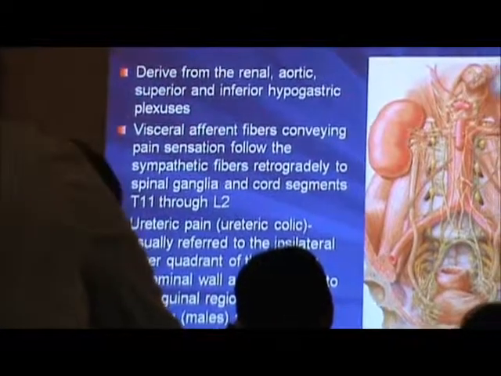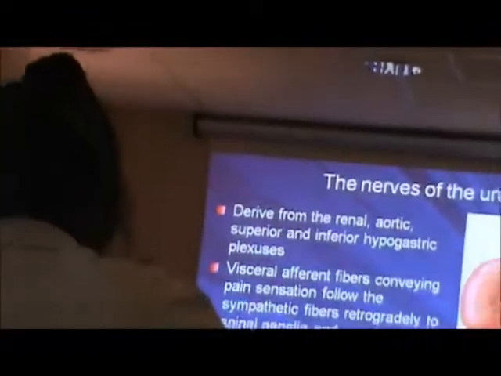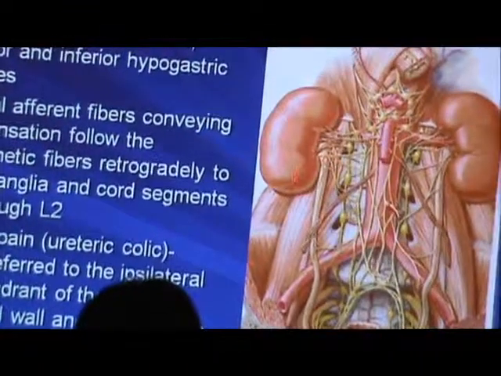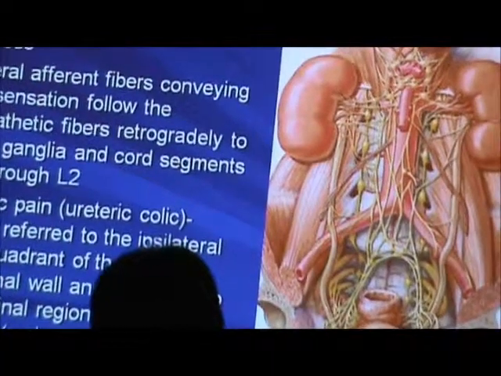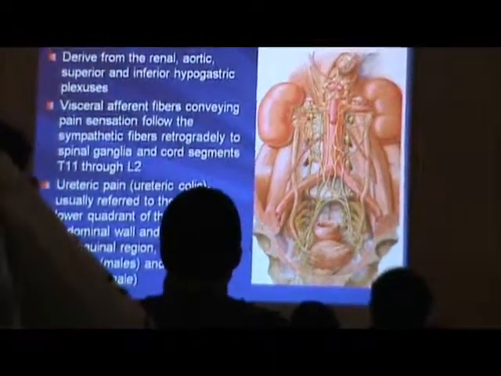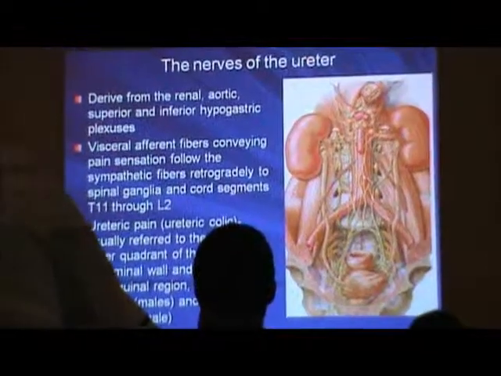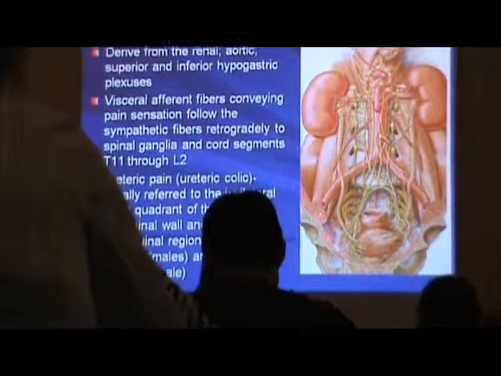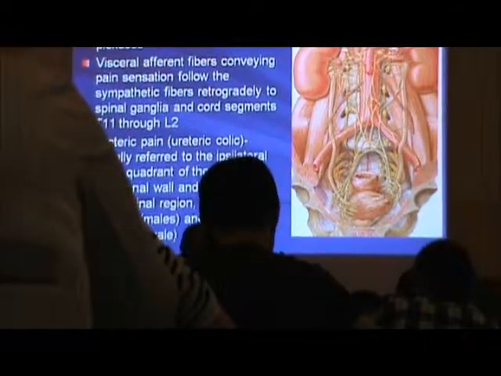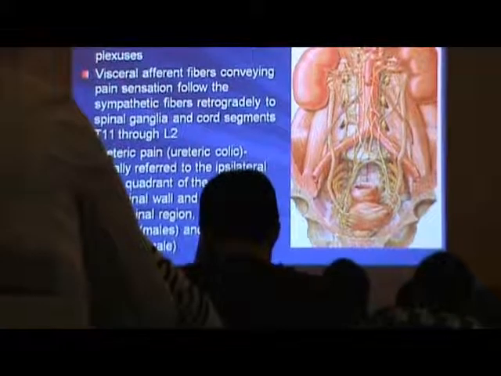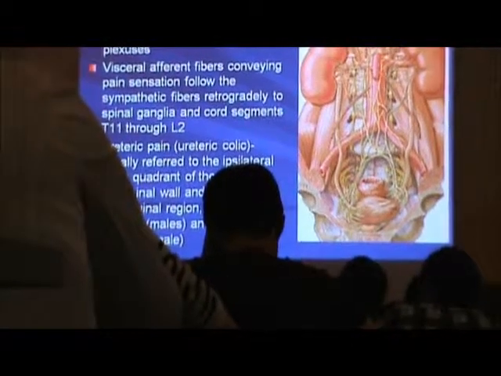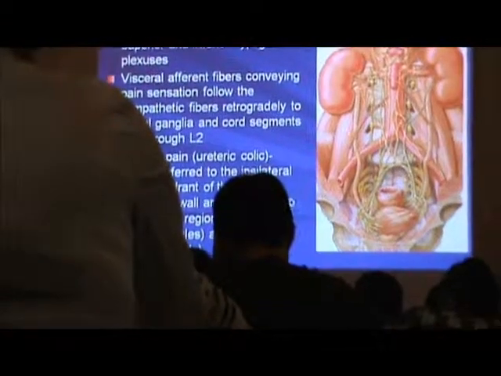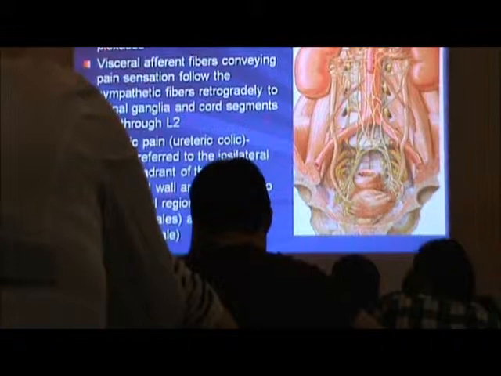And the ureteric pain, this ureteric colic, is usually referred to the same side, ipsilateral, to the lower quadrant of the anterior abdominal wall, especially to the inguinal region, the thigh and scrotum in males and labia majora in females. It's because of the genitofemoral nerve, which passes posteriorly to the ureter.